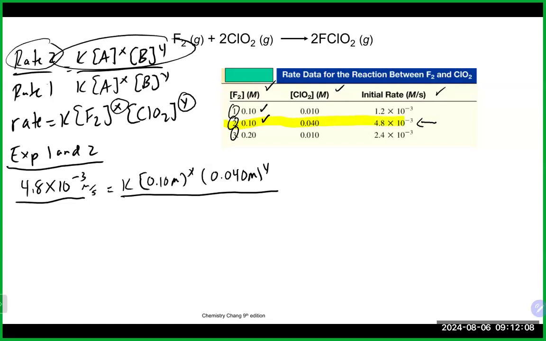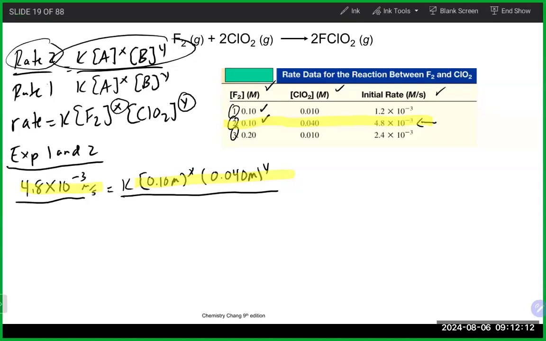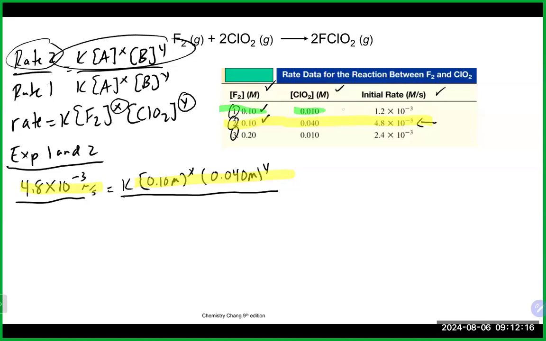All the way across is everything that went up there. Now I'm going to put everything for experiment 1 on the bottom. That gives me 1.2 times 10 to the minus 3 molar per second, K, our 0.1 molar squared, and our 0.01 molar to the Y in this particular case.